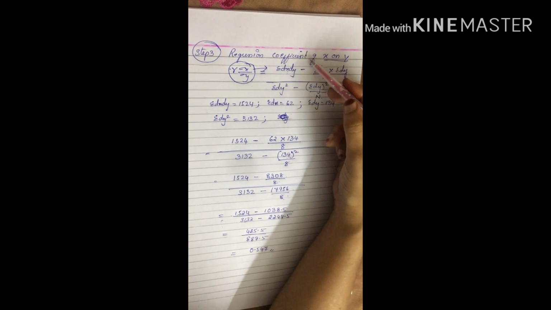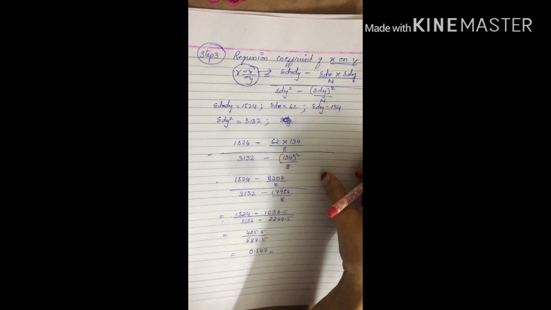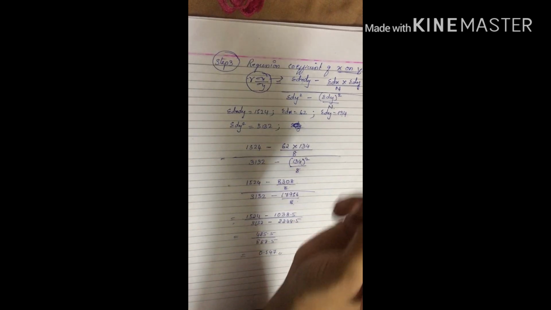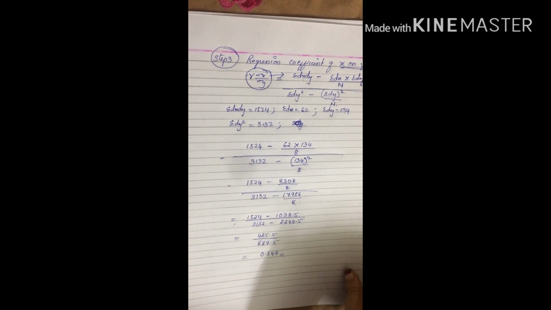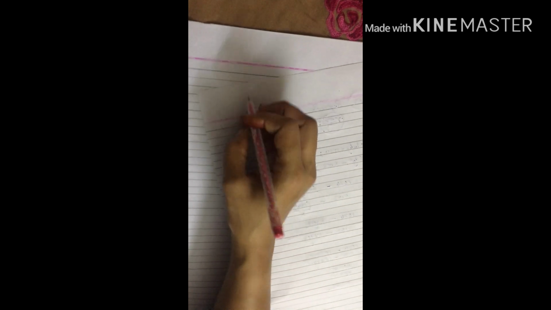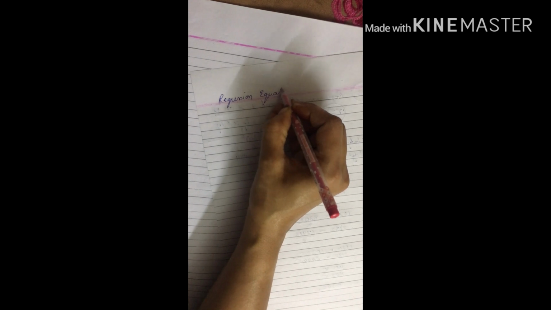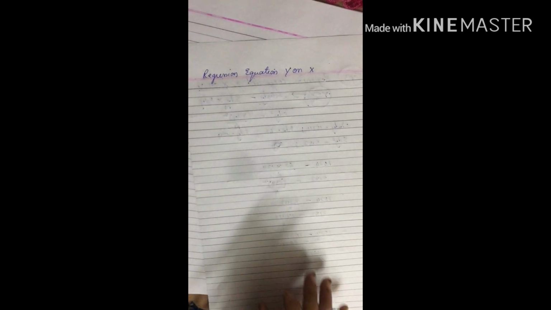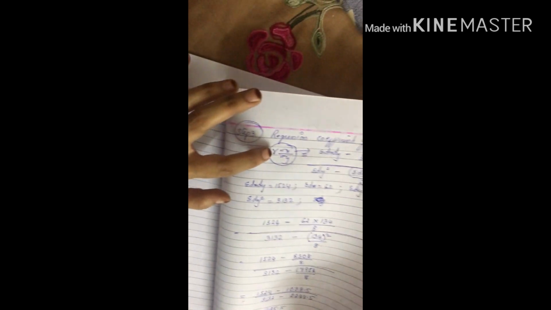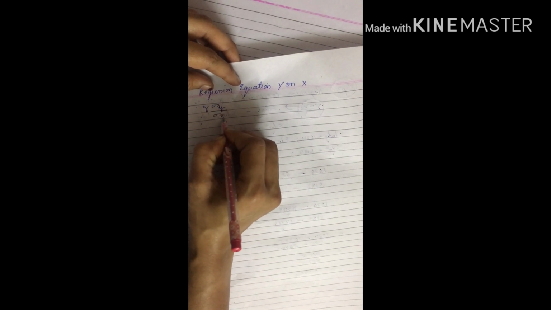Now we need to do the regression coefficient y on x. I told you for every step we need to do x as well as y. So x on y we have done. Now we need to do the regression coefficient y on x.